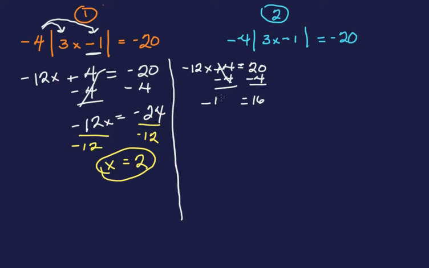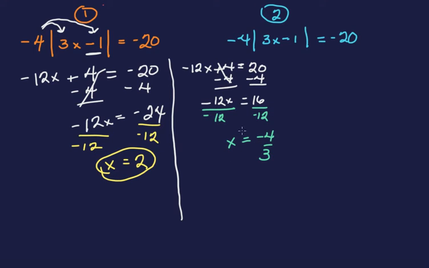Negative 12 times our variable equals 16. This is going to mess us up, right? Well, I'm going to go ahead and do this division. Divide both sides by negative 12. And the truth of the matter is, x is now going to equal negative 4 thirds.